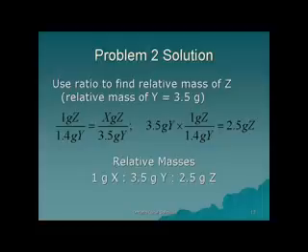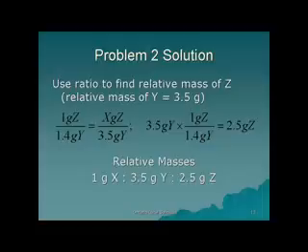Now I'm going to rearrange this ratio to solve for X, and it ends up looking like a factor label problem, which is really a fine way to do this. So I take my 3.5 grams of Y and I multiply it times that factor of knowing that there is 1 gram of Z for every 1.4 grams of Y.